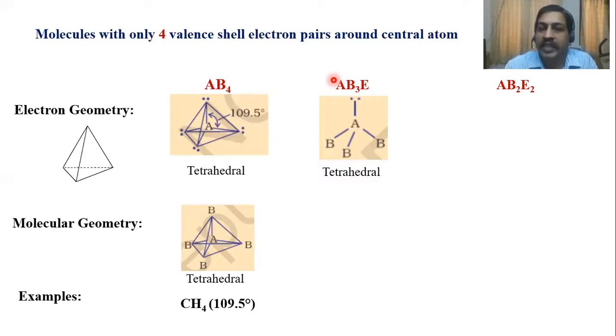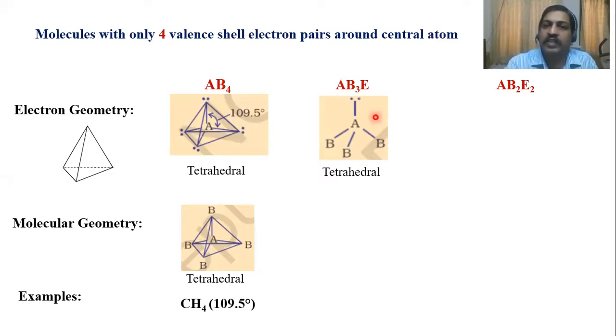Now in AB3E type molecule, there is one lone electron pair and there are 3 bond electron pairs. Okay. So one corner of the tetrahedron is occupied by the lone electron pair and the remaining positions are occupied by the bond electron pairs. So this is the electron geometry for AB3E type of molecule.